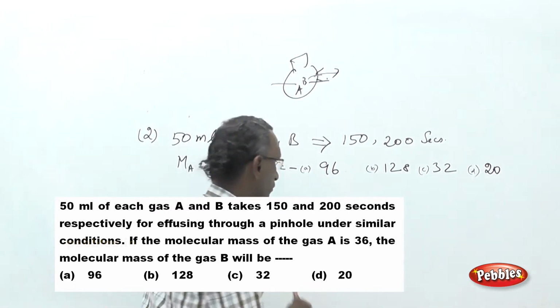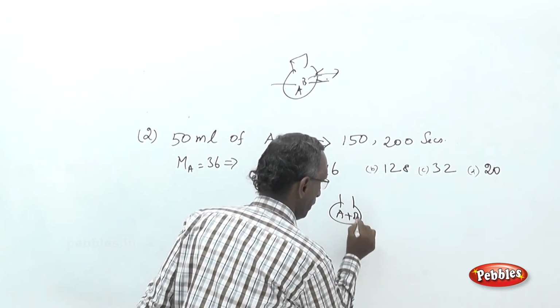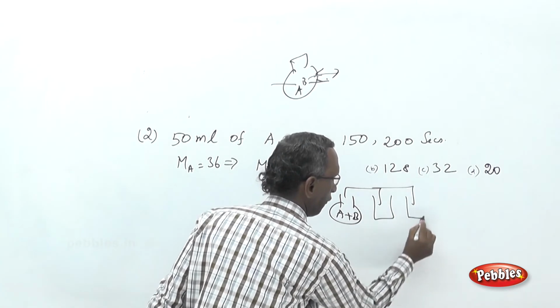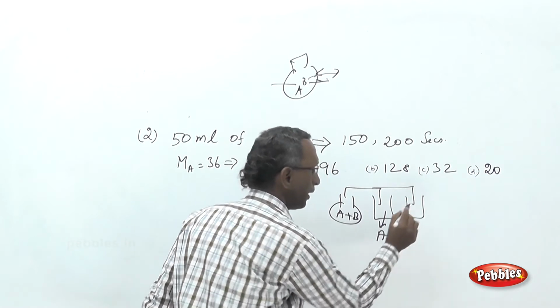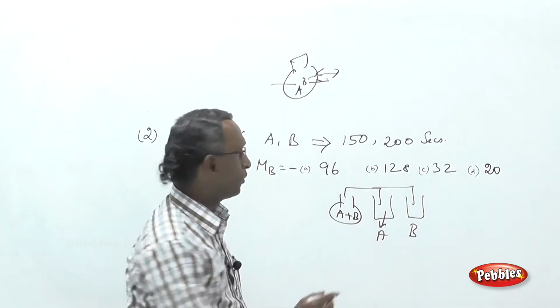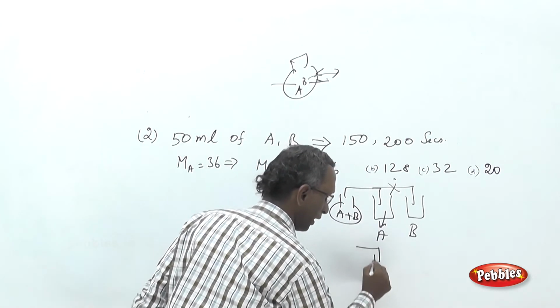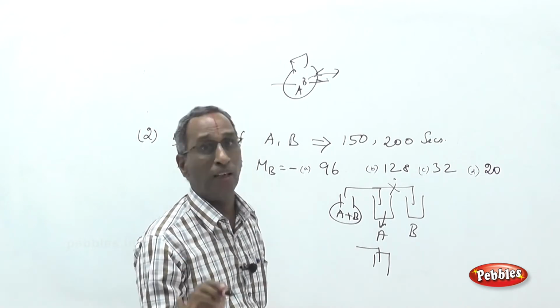A and B are absorbed in different containers. One container absorbs A, the other container absorbs B. You should not mistake this as being at different distances; they are allowed to go through only one distance.